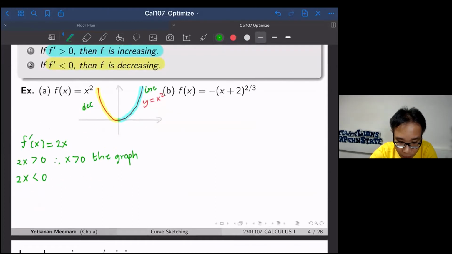And when you have x negative, you have decreasing in this case.